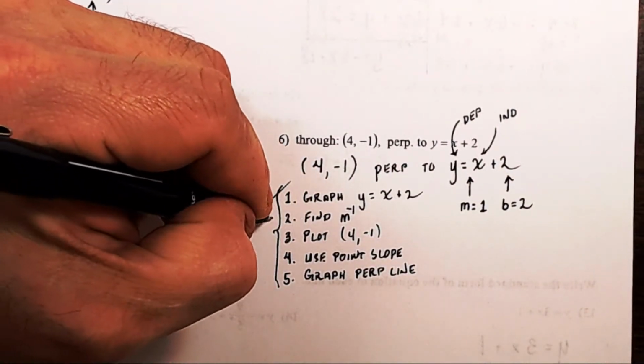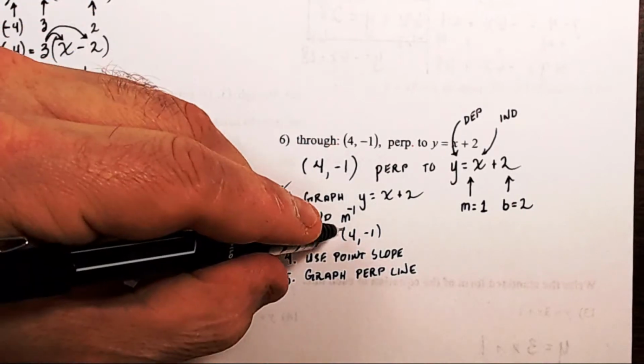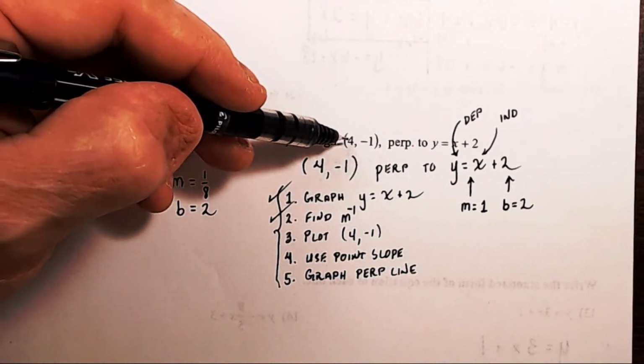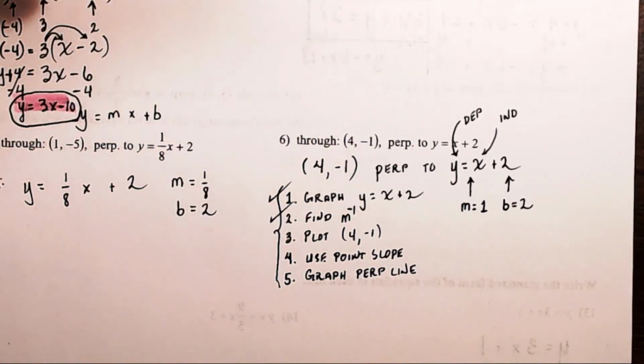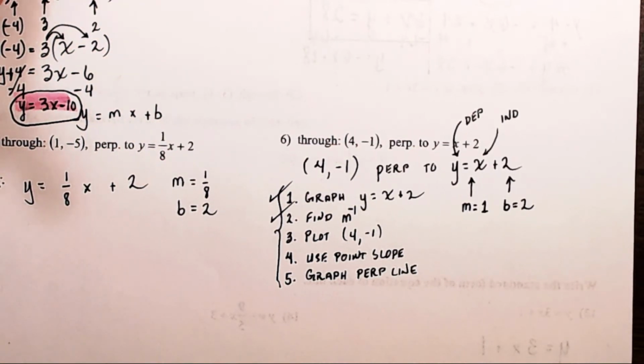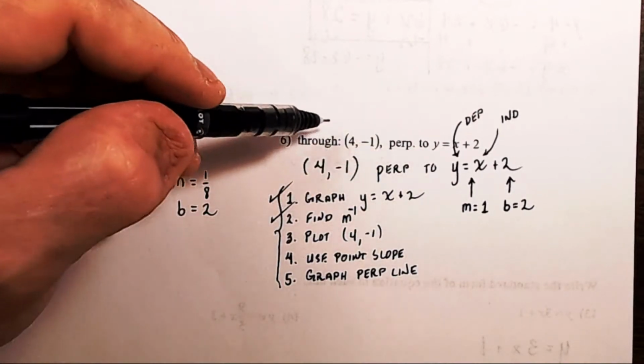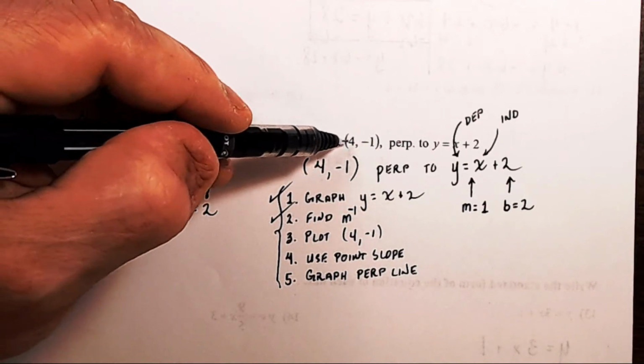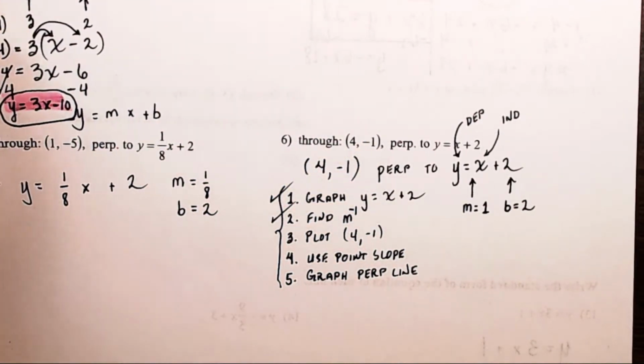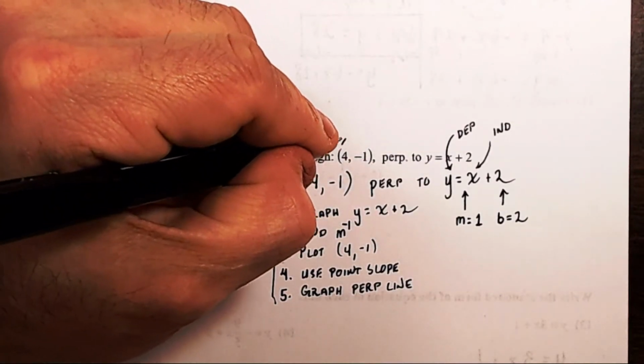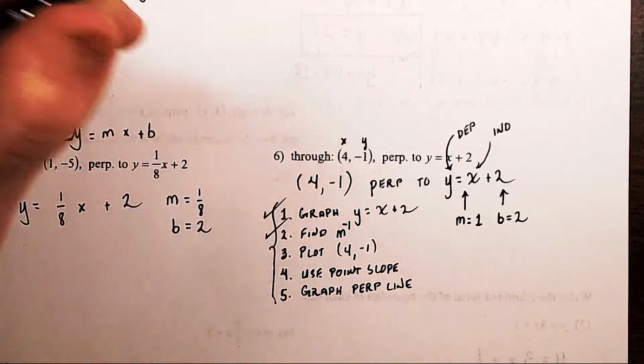But according to my checklist here, first I need to check and plot the point that we're given, 4, -1. It's not enough to find an equation of a line perpendicular to another line. That line that we're finding must pass through this coordinate right here, 4, -1. This is the x value of the coordinate, and this is the y value.